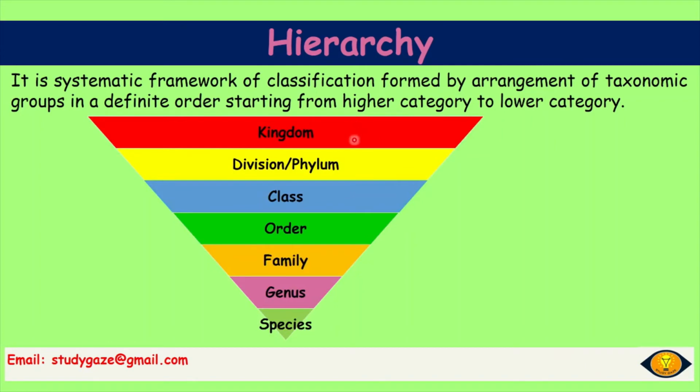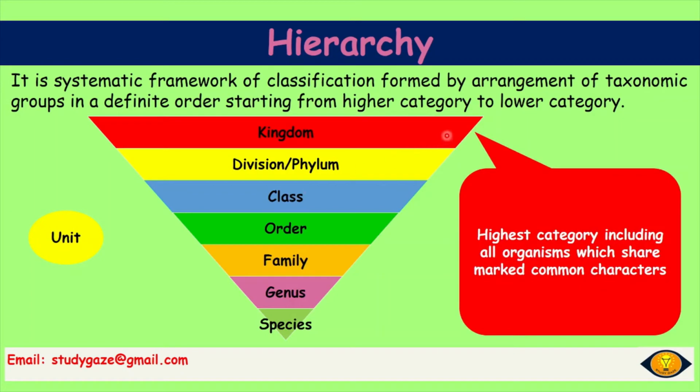So we can see here the classification hierarchy from kingdom to species: kingdom, division or phylum, class, order, family, genus and species. Genus and species contribute in the formation of the scientific name, which is the process of taxonomy. Each of these levels of hierarchy is known as a unit.